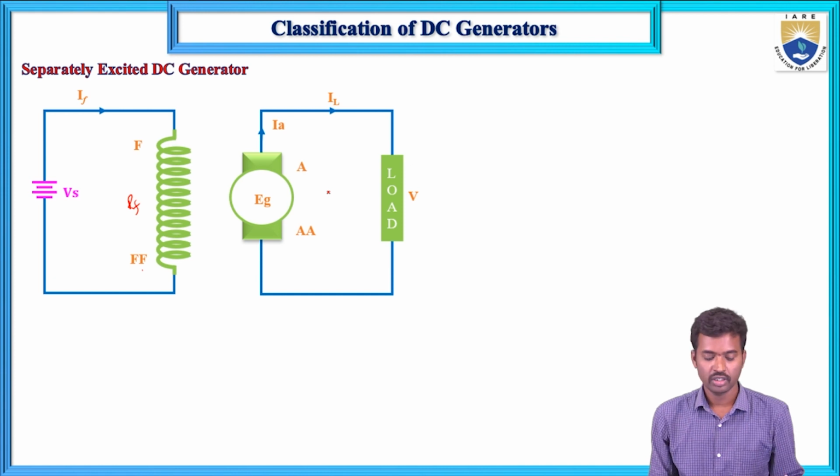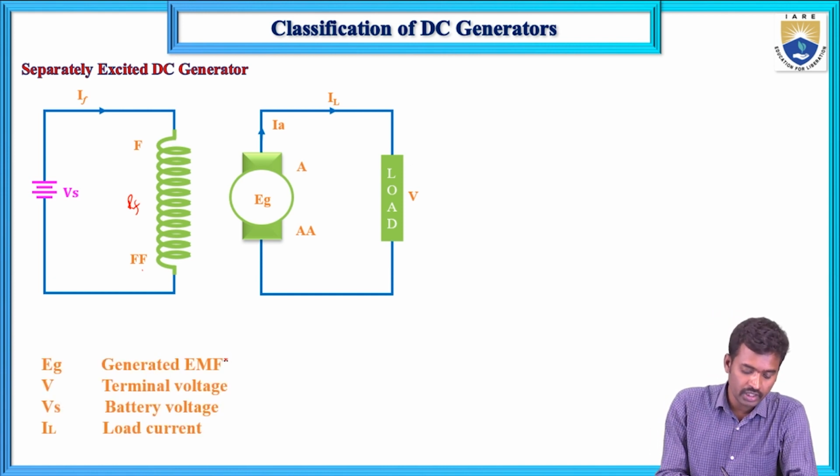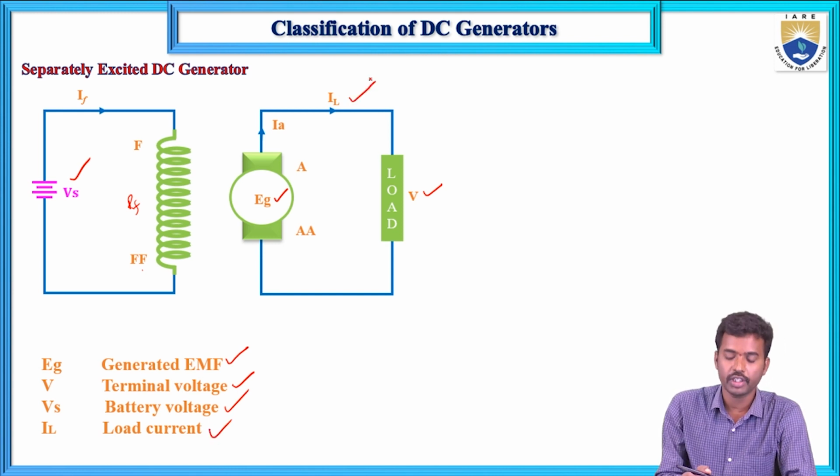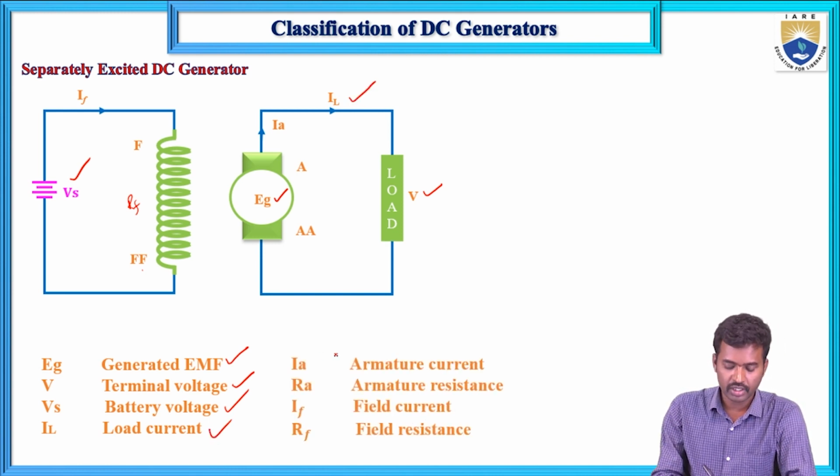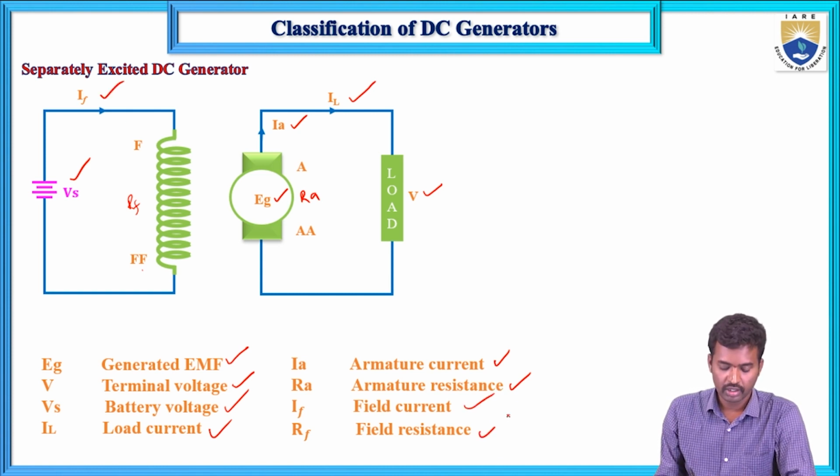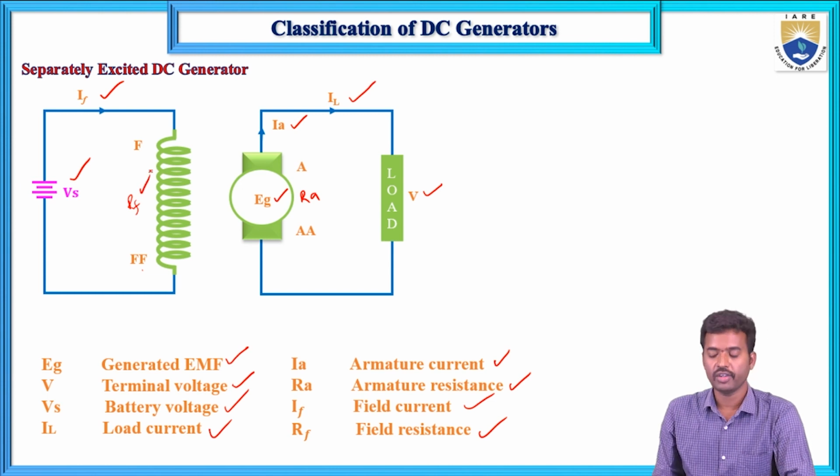EG is the generated EMF, V is the terminal voltage, Vs is the battery voltage, IL is the load current, IA is the armature current, RA is the armature resistance, IF is the field current, and RF is the field resistance.